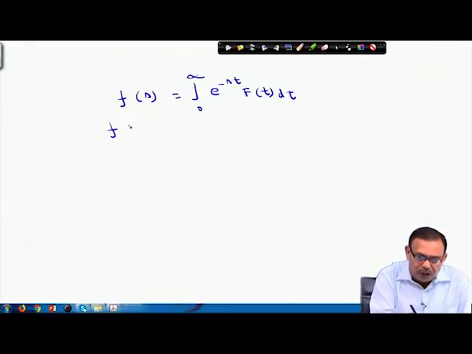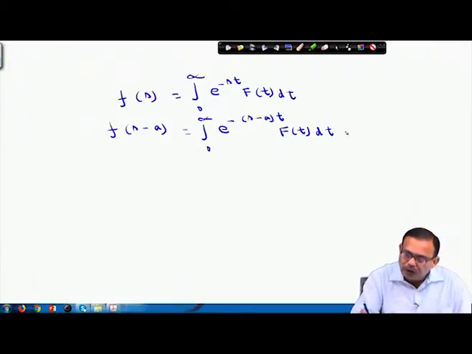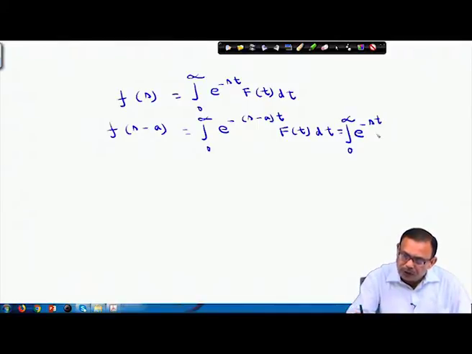Therefore, from here you can write down F(s minus a) will be the integral from 0 to infinity of e power minus (s minus a) into t, into f(t) dt. S is replaced by s minus a. So this equals, again you can write it, the integral from 0 to infinity of e power minus s t, and inside the bracket you can write down e power a t into f(t), dt.